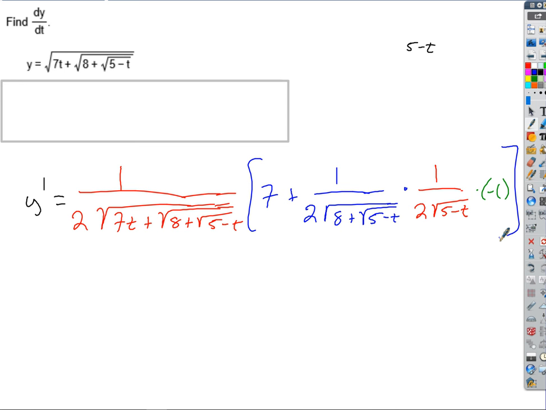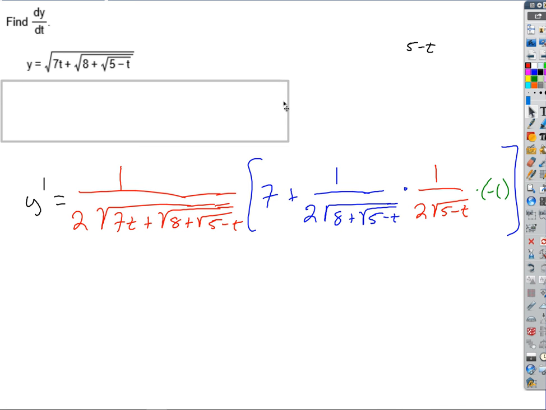So this part required some extra chain rule stuff just to differentiate the other term inside that first radical. And so what can we do? There's not much. We could just combine that 2 and that 2 for our final answer.